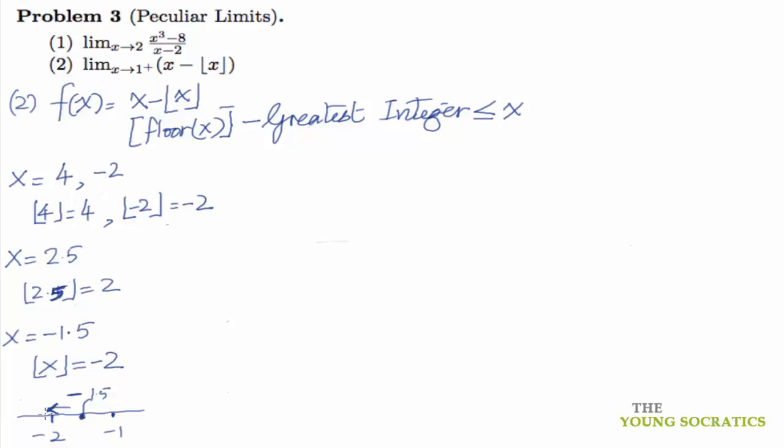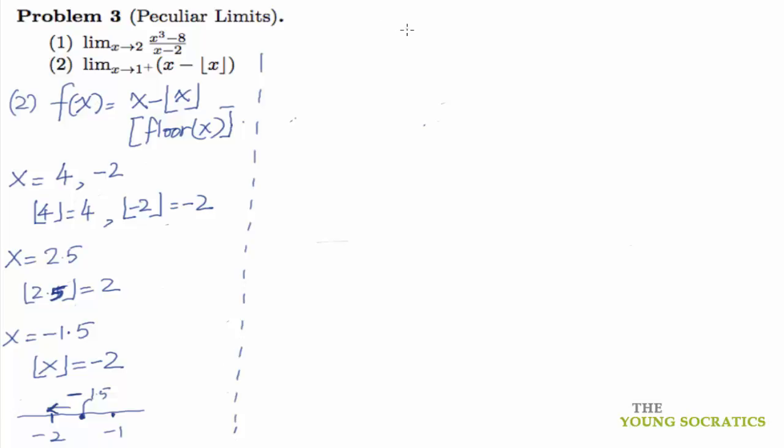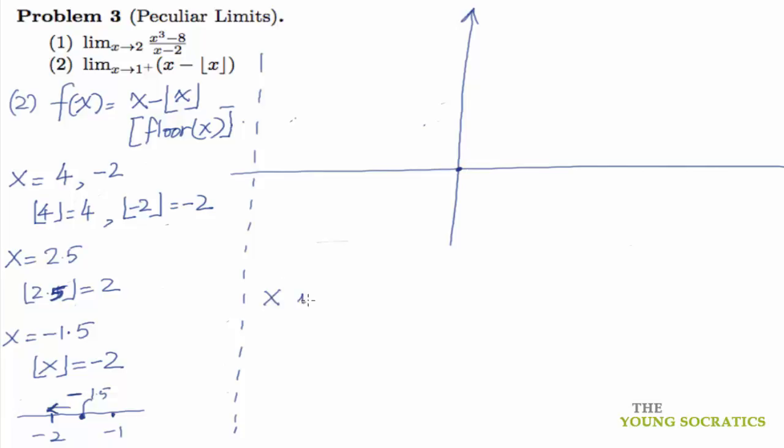Okay, so let me clear out the space a bit. Alright, so now we can solve this efficiently also by plotting the curve. So I'll draw the y-axis, the x-axis. Now note that when x is an integer, then x is the same as floor of x, correct?